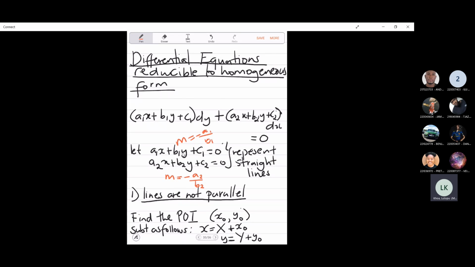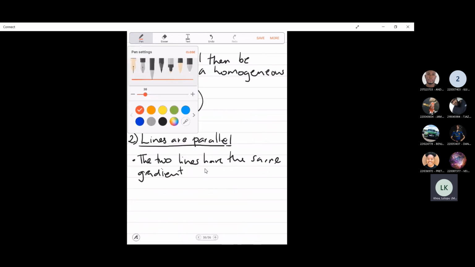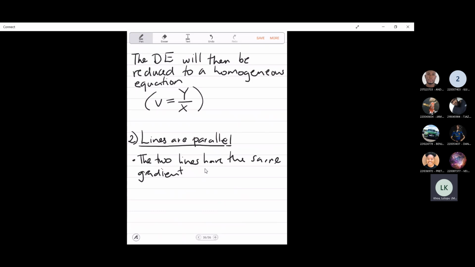So that is the gradient of the first line and the gradient of the second one. And since we are saying that the two lines are parallel, this means that minus a1 over b1 is equal to minus a2 over b2, the same gradient as the other line.